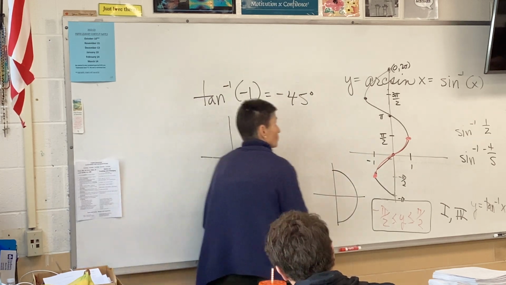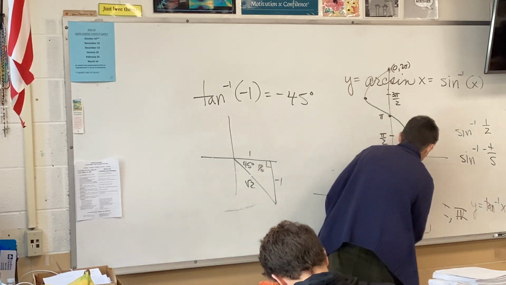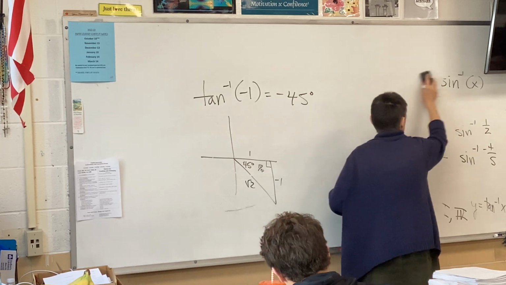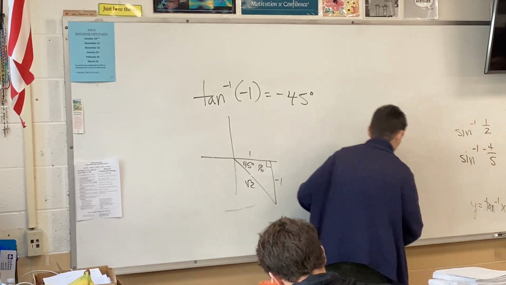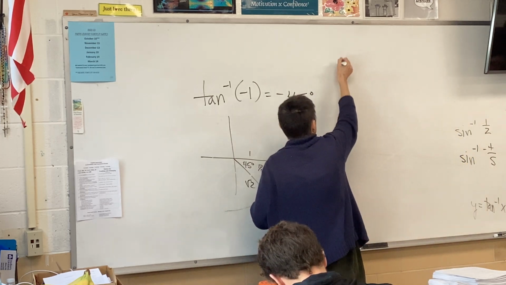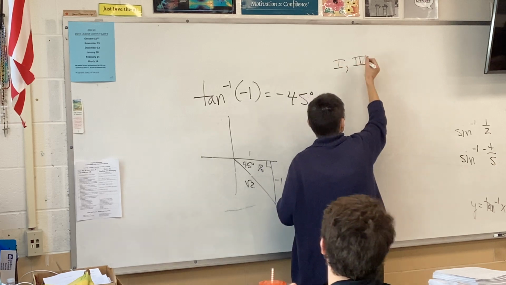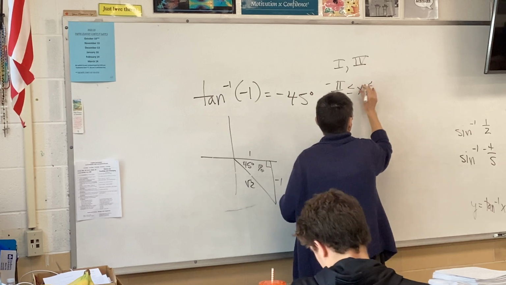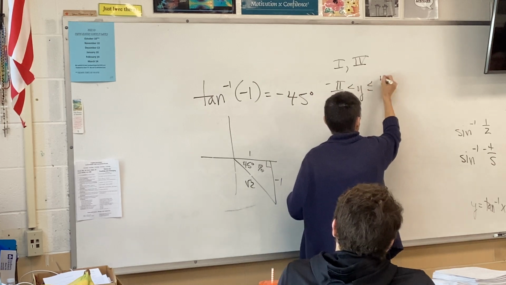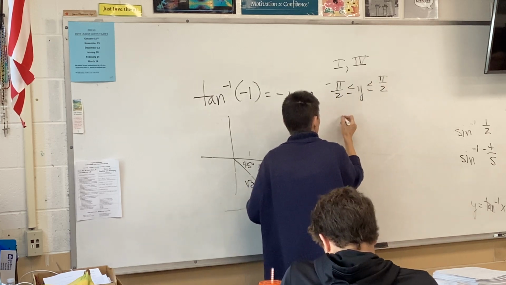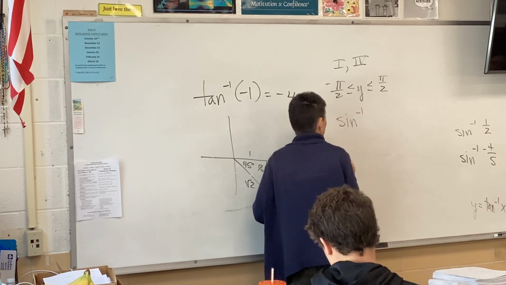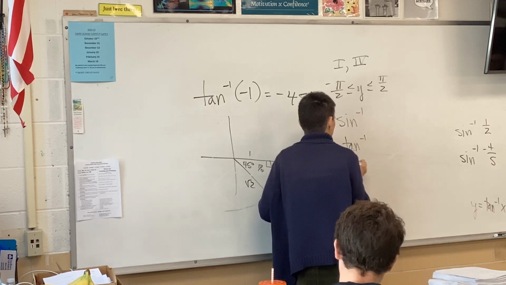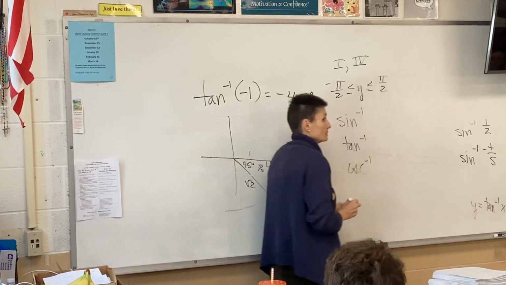All right, so quickly, I gotta get the other ones up here. So we're talking about inverse functions. We'll do some problems tomorrow. We just got the rules down today. So quadrants 1 and 4, that is negative pi over 2 to pi over 2. These are the inverse sine, the inverse tangent, and the inverse cosecant.